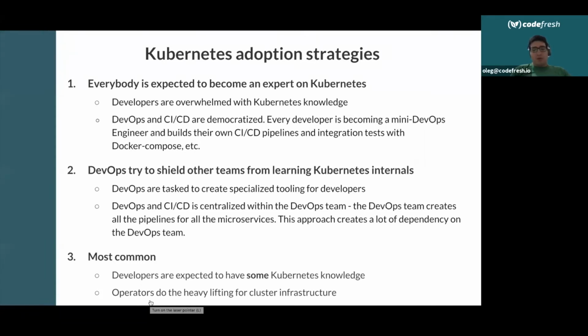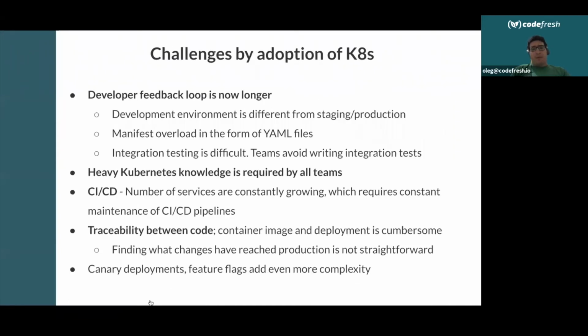So this is kind of a controlled complexity approach, and I think it is not only the most common, but also the most successful one. So let's take this approach and see which challenges are still relevant when adopting Kubernetes.